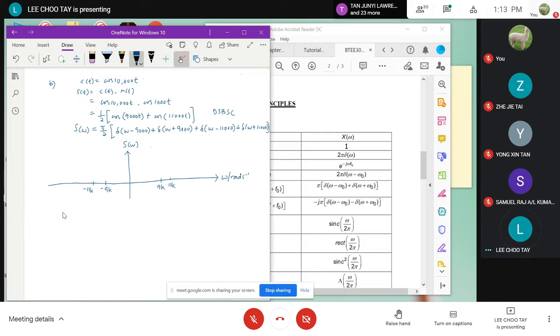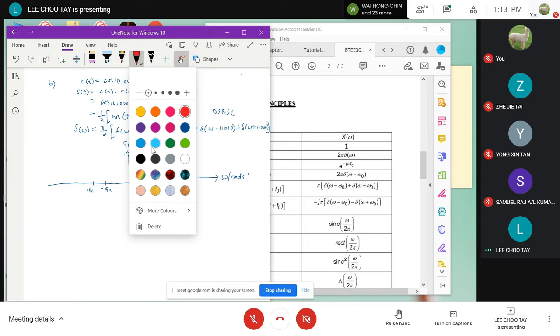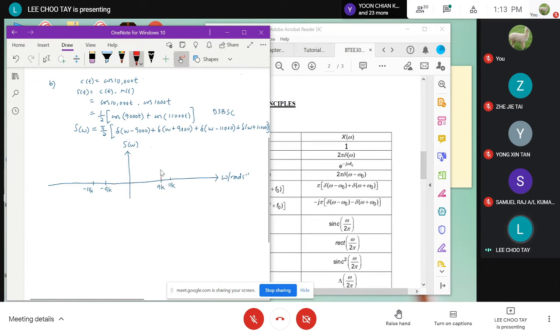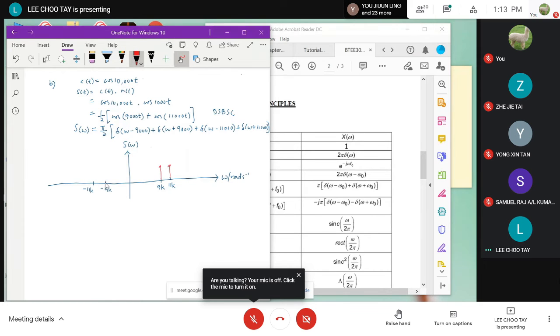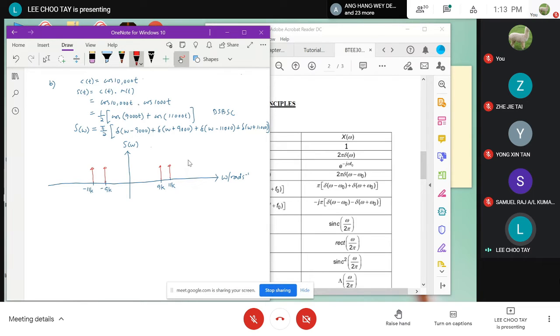What are their magnitude? The magnitude will be pi over 2, isn't it? So I have one impulse here, another one here, one here, and one here. You can see that the carrier frequency is actually at 10K.